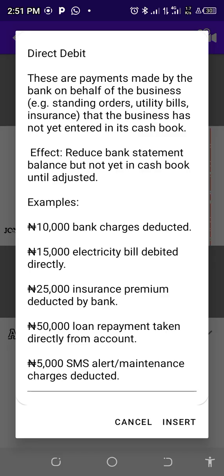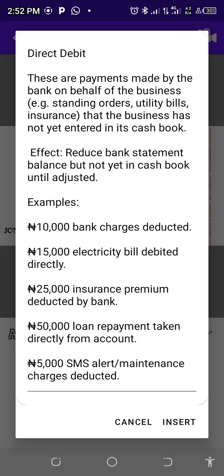At times, they pay directly utility bills, insurance premiums, that the business has not yet entered into the cash book. This money is paid by the bank directly, and most of the time when this money is paid, the business is not aware, and so has not entered them into the credit side of the cash book.